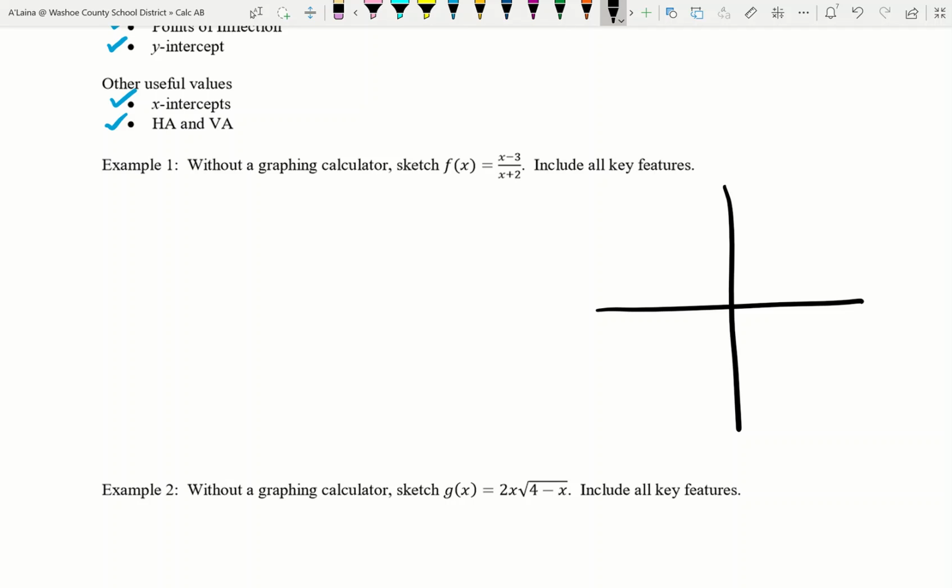So we know that in a rational function, if there's a domain restriction on the denominator and that domain restriction is not repeated on the numerator, that would indicate a vertical asymptote. So we have a vertical asymptote here at x is equal to -2.